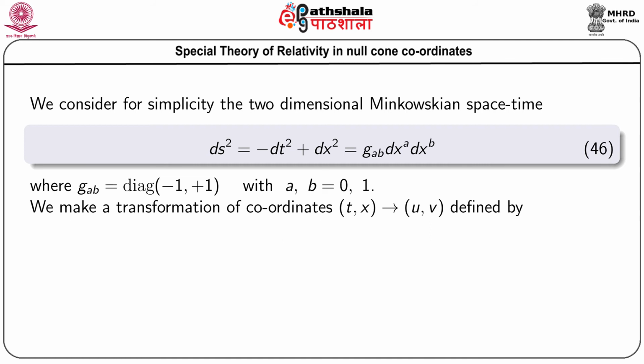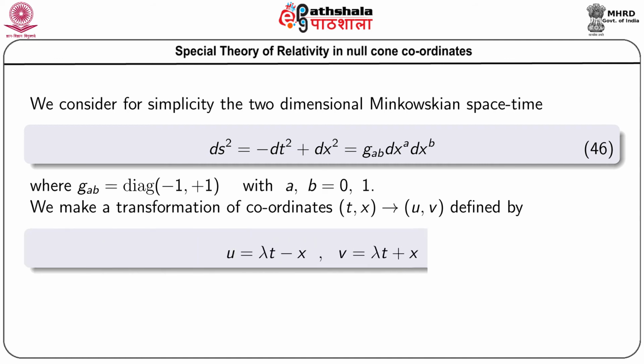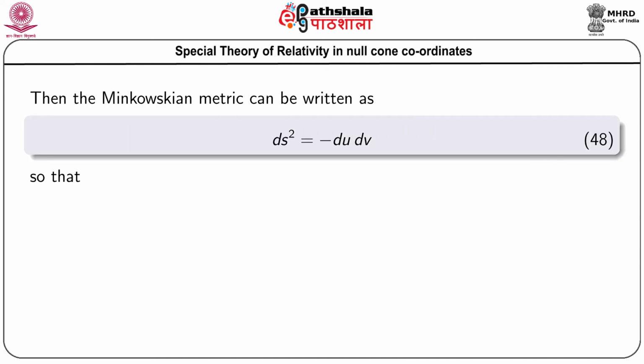Now, if we transform this t and x in terms of u and v by this relation, u equals λt - x and v equals λt + x, then the Minkowskian metric can be written as ds² equals -du dv.